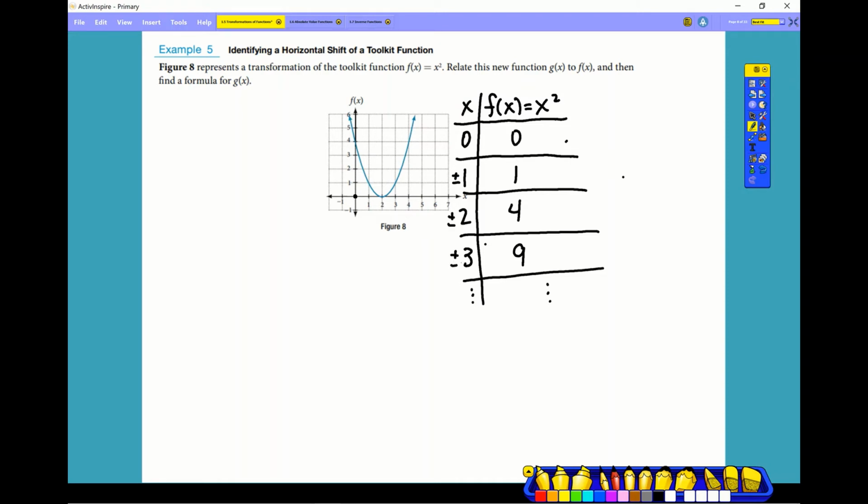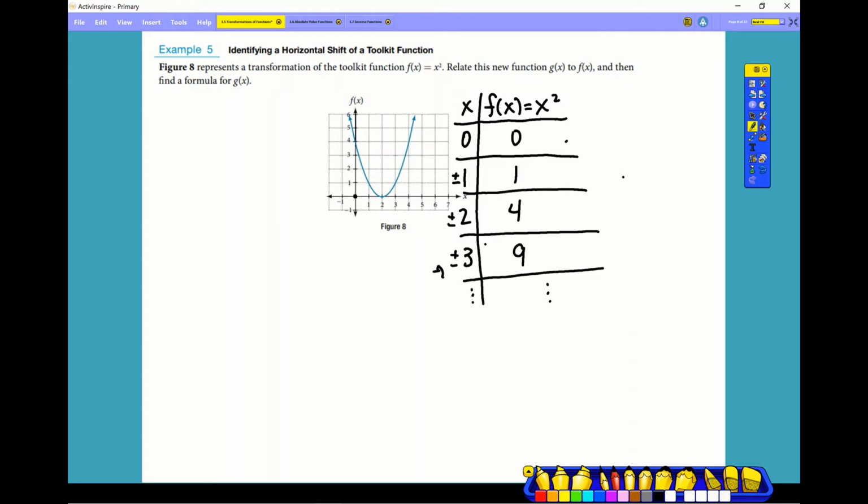So f of x where x is plus or minus 1 is 1, f of x where x is plus or minus 2 is 4, f of x where x is plus or minus 3 is 9. You get the pattern? That's important for working in domains and such. So this one is symmetric, it's the same.